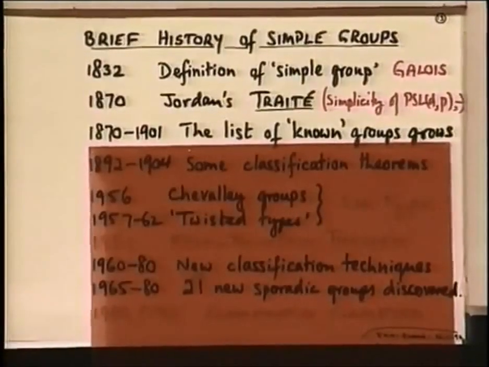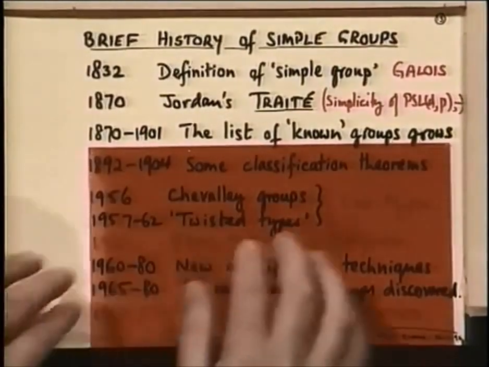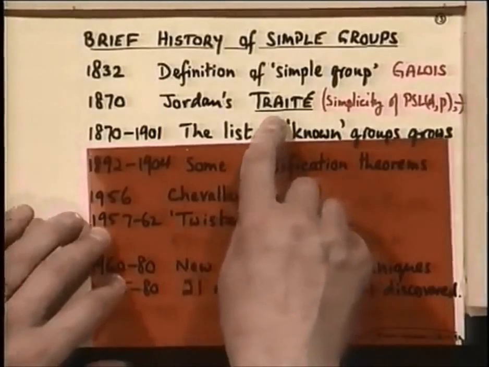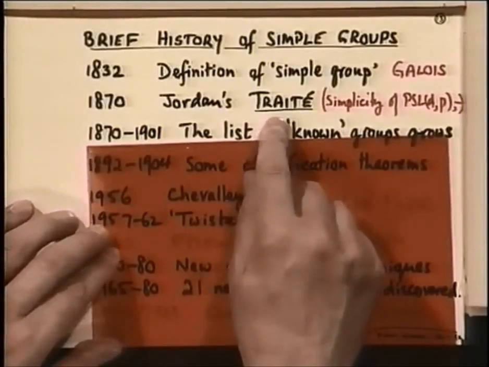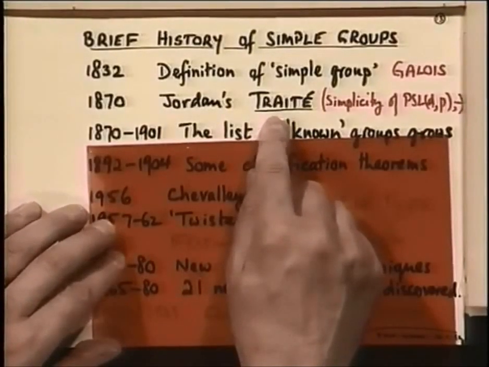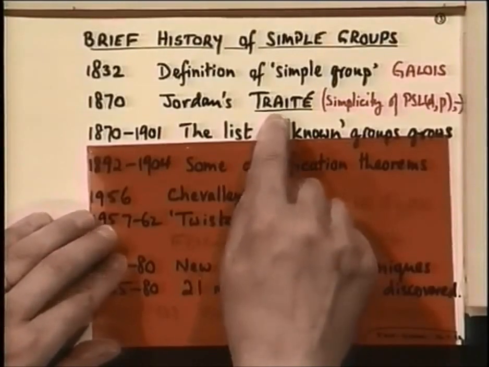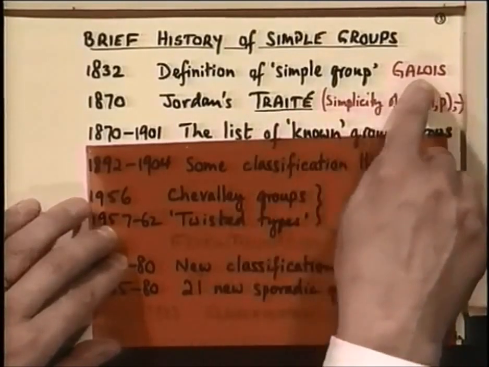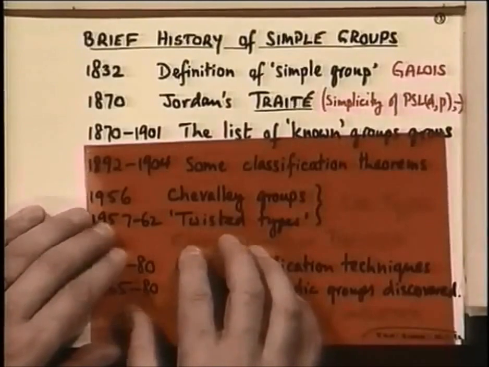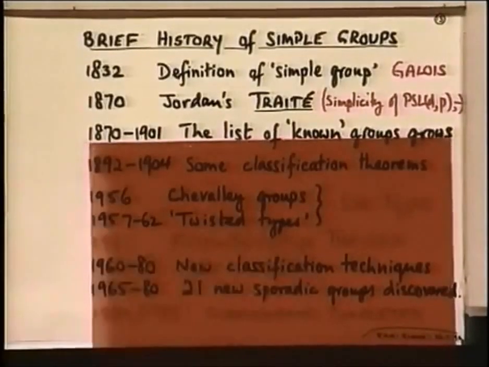In 1870, nearly 40 years later, Camille Jordan wrote the Traité, a 600-page book, essentially a commentary on the work that the young Galois had written before he died in 1832. And in that Traité, Jordan focuses on the importance of the notion of simplicity.